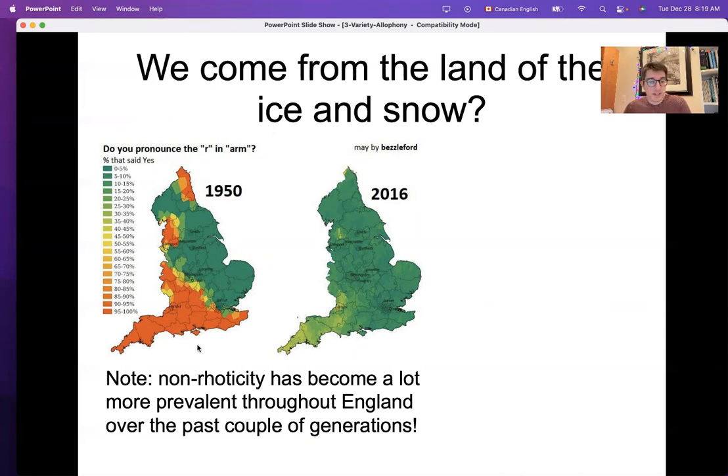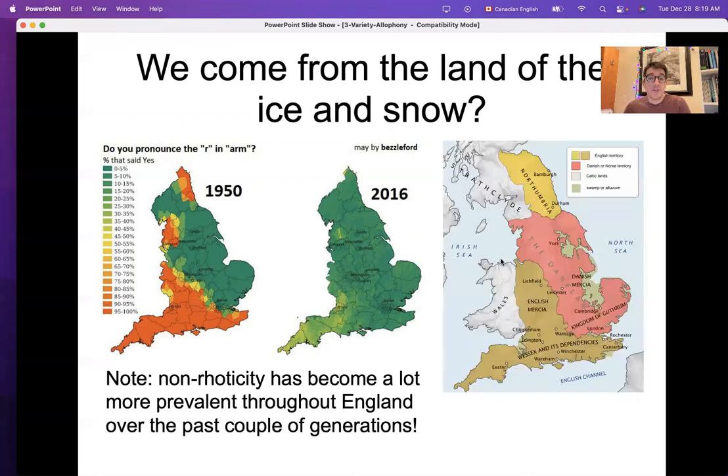So they said, yes, this part here that is supposed to be Cornwall and surrounding areas around it, whereby Ireland is over here and Scotland is over there. So it makes sense for these parts of northern England to produce R in arm. However, this non-rhoticity has become a lot more prevalent throughout England over the past couple of generations. So it was basically lost in the majority of the country.